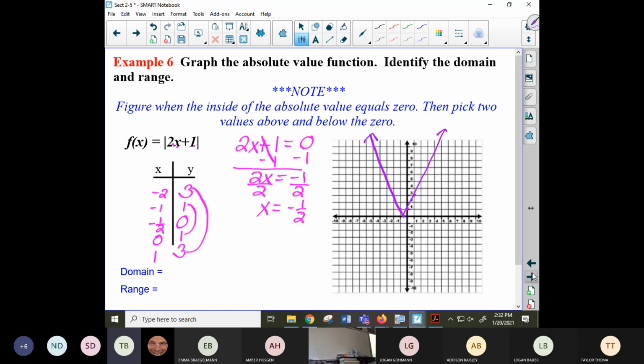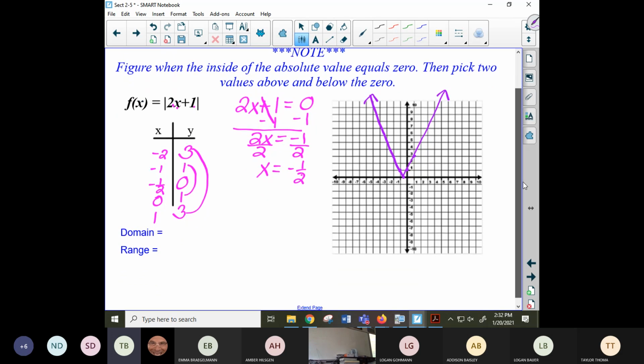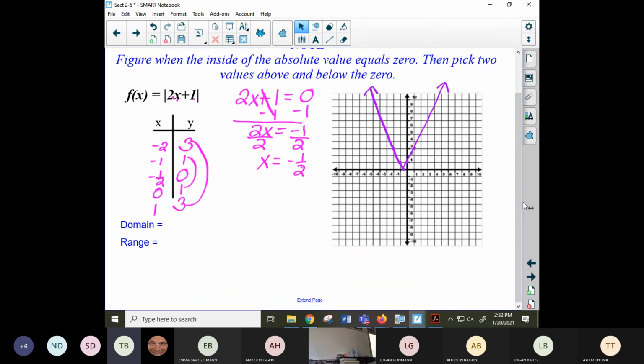And then we have to say our domain and range again. So our domain, again, is always going to be all real numbers. And our range, does anyone want to guess what that would be? F of x is, this would be all positive integers, which we could write as f of x.